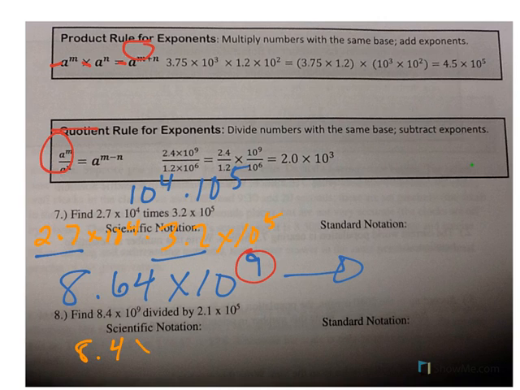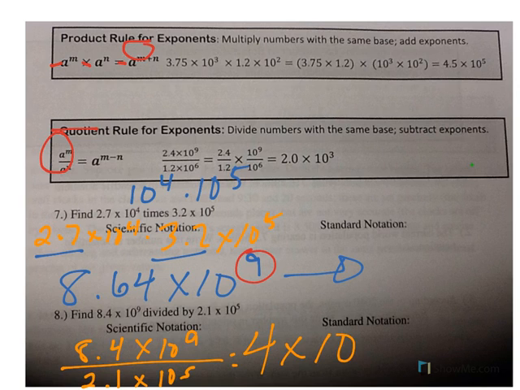So 8.4 times 10 to the 9th all over 2.1 times 10 to the 5th. Well, first let's divide that first part. 8.4 divided by 2.1 just gives us 4, nice and easy. Times 10 to the, base stays the same and we subtract. Start with the top. 9 minus 5 gives me an exponent of 4. So 4 times 10 to the 4th, and again, I'll let you do the standard notation.